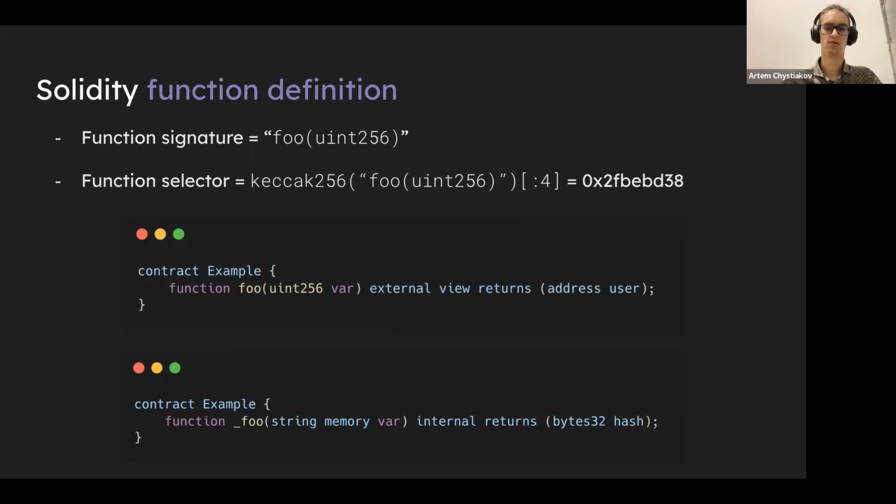It will check if the function you are calling is the one that has the selector of the function you are calling. If it finds one, then it enters this function and does argument decoding. I'll talk about this a bit later. So you have to understand that the selector is some sort of unique identifier of the function that Solidity uses to distinguish functions from each other.